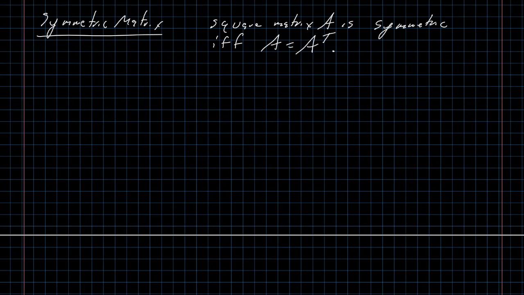A square matrix A is symmetric if and only if A is equal to A transpose. So for a matrix and its transpose to be equal, we're looking at a case where rows and columns match.